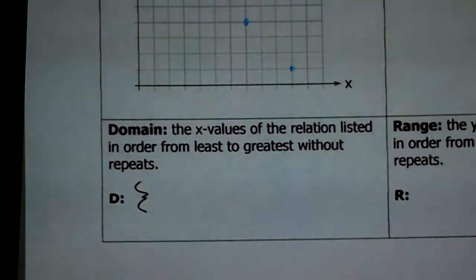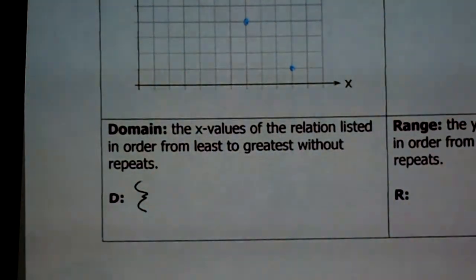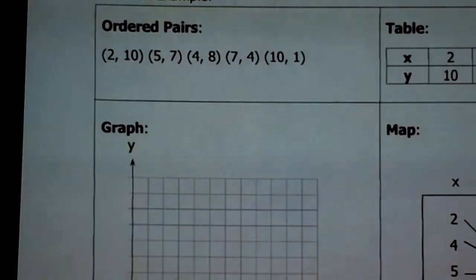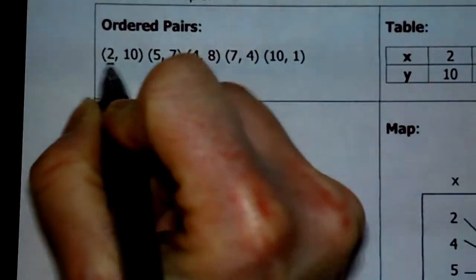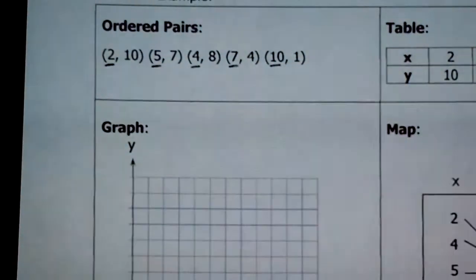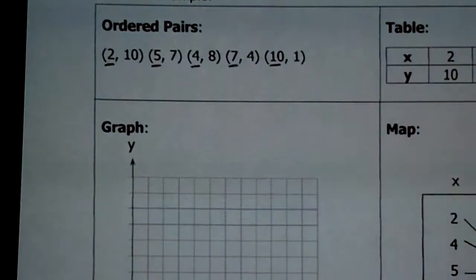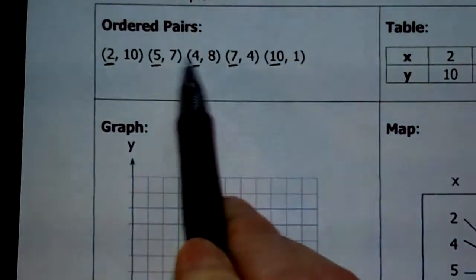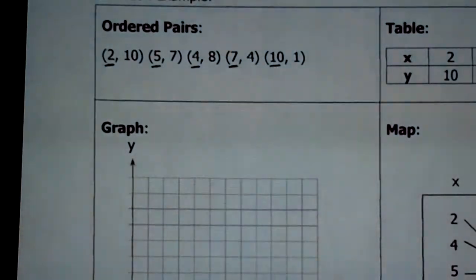And then choose any one of these relations to look at. I'm going to look at the ordered pairs. When I'm trying to find the domain of the ordered pairs, that just means I'm going to look at all of the x values. It's a good idea to underline those too. So I see I have 2, 5, 4, 7, and 10.